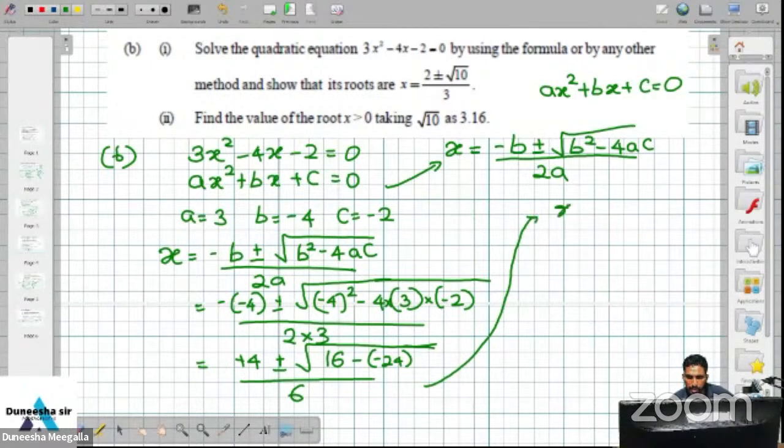Then x equal to plus 4 plus or minus the square root of 16 plus 24, divided by 6.